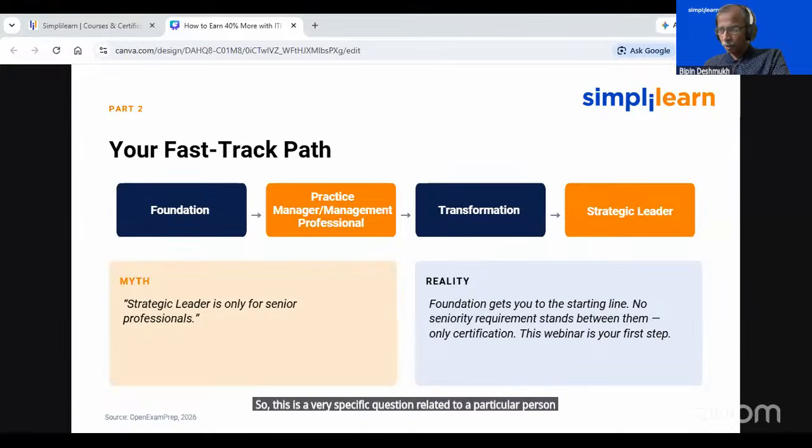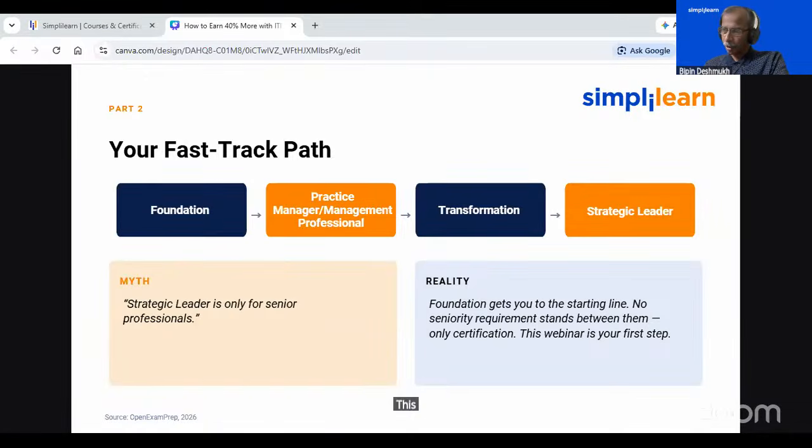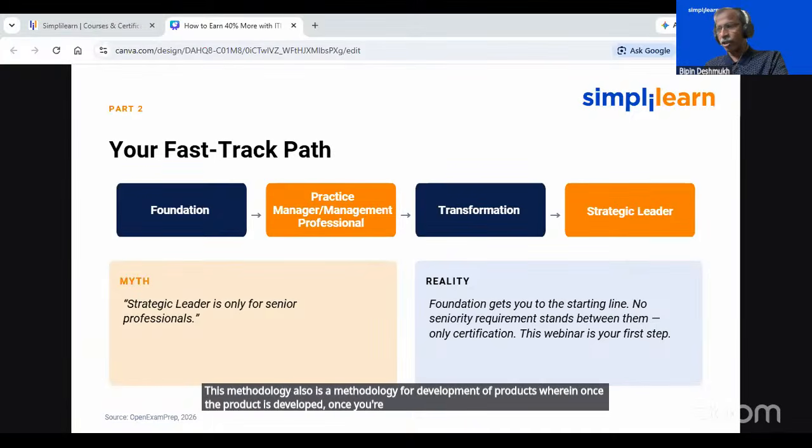Whenever you're creating a project, PMP is a methodology for project management, generally and globally used in America and other countries. This methodology is also used for the development of products, where you're managing the product and the people.